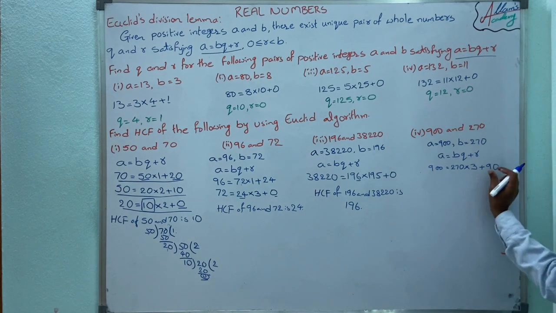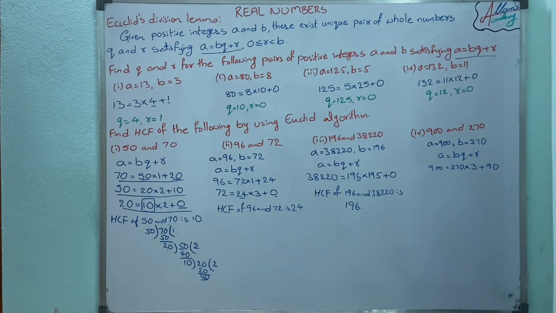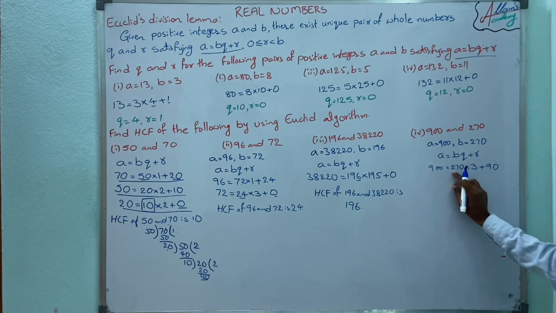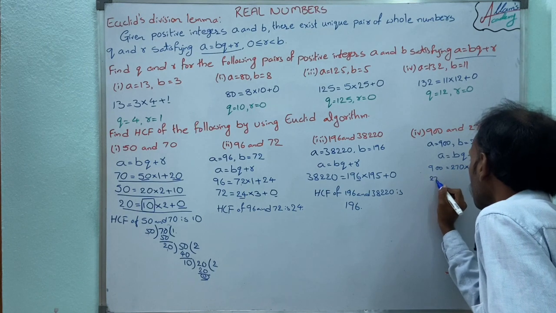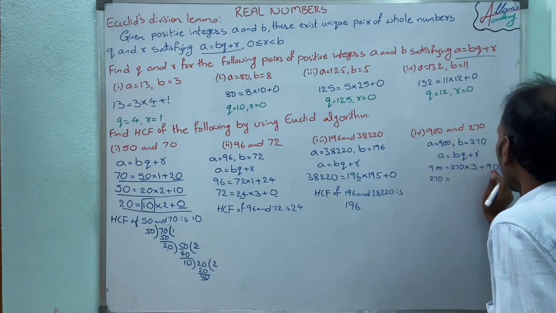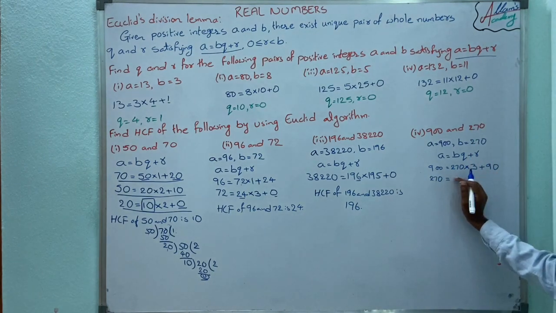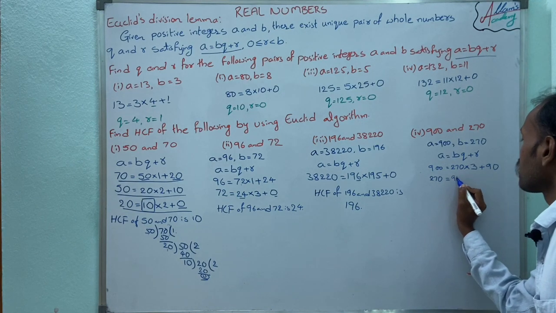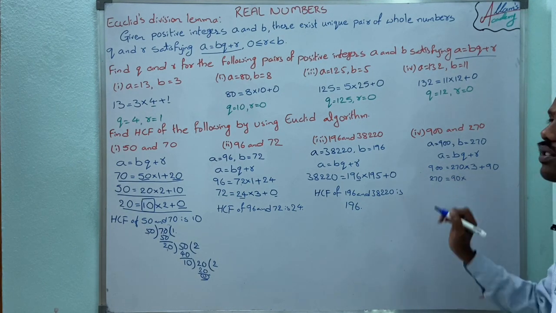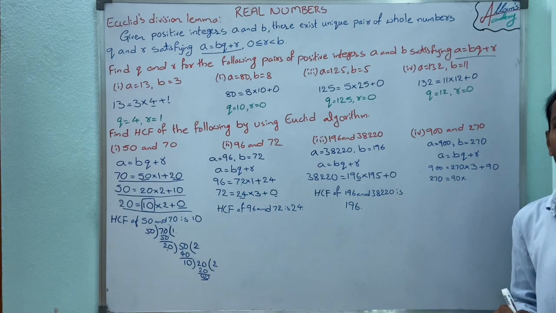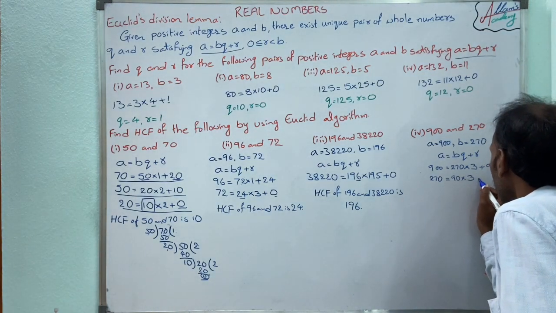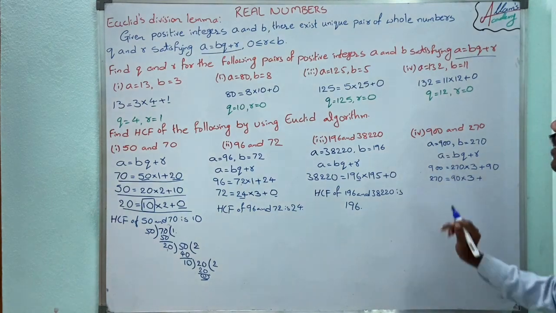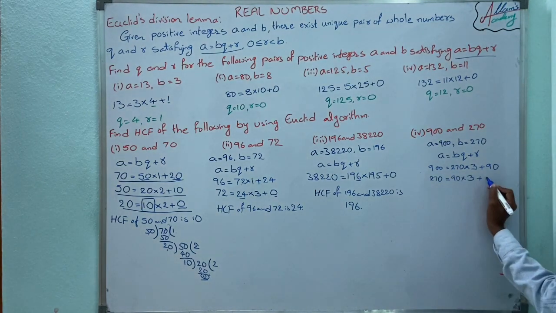Here we do not get the remainder 0. So now the b value 270 will be taken as a. 270 equals, now the remainder r will be taken as b, 90. So 90 times 3 is 270. So here we get the remainder 0.